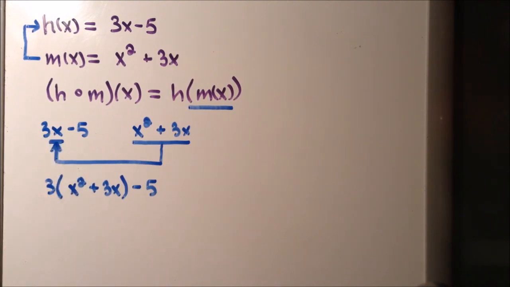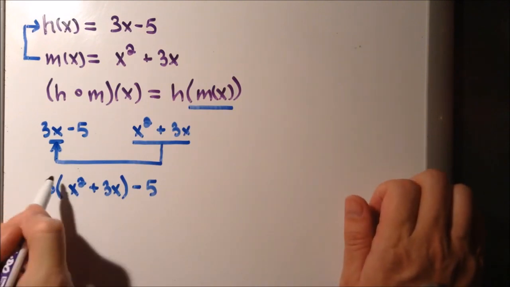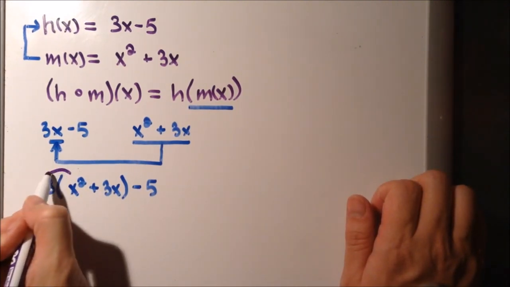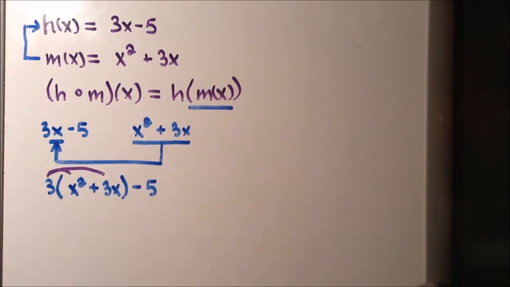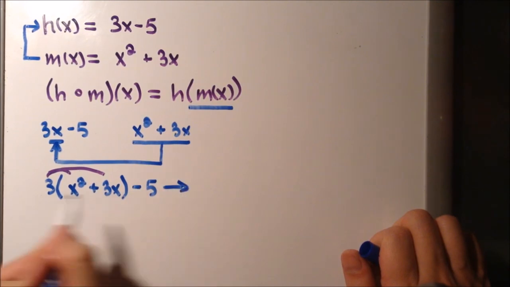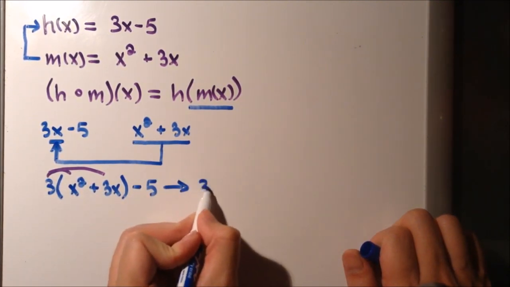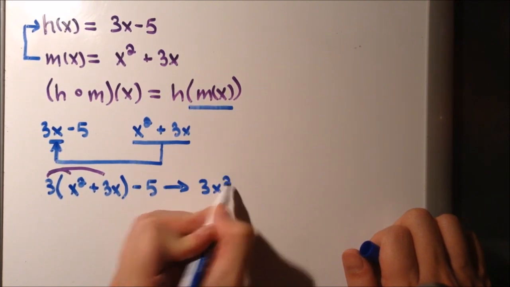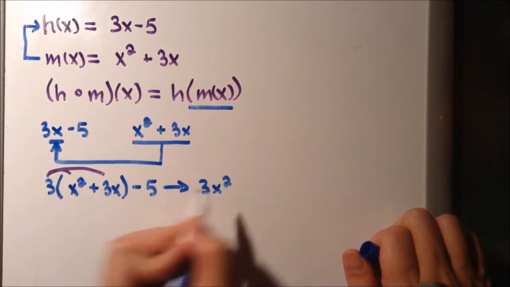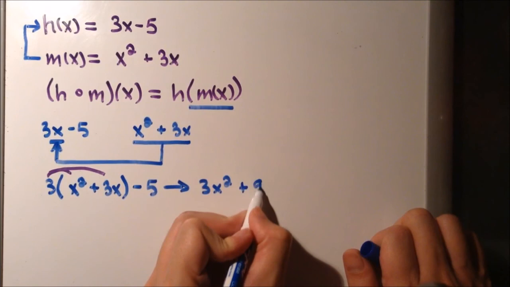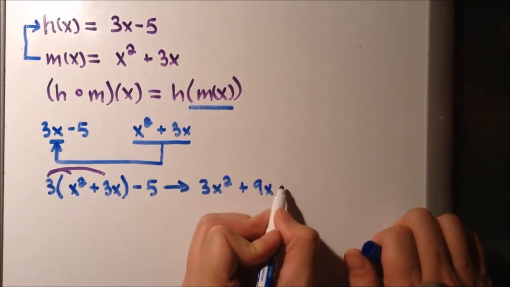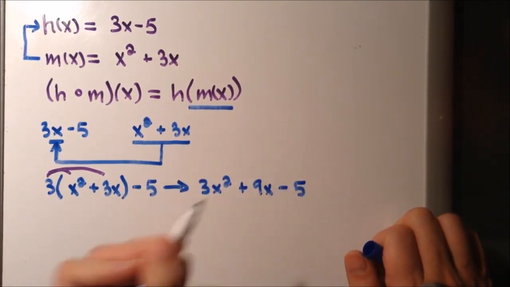Since there's only one x, you plug m of x one time. Now I'm going to work it out by distributing the 3. 3 distributed to x squared is 3x squared, 3 distributed to 3x is plus 9x, and then I bring down the minus 5.